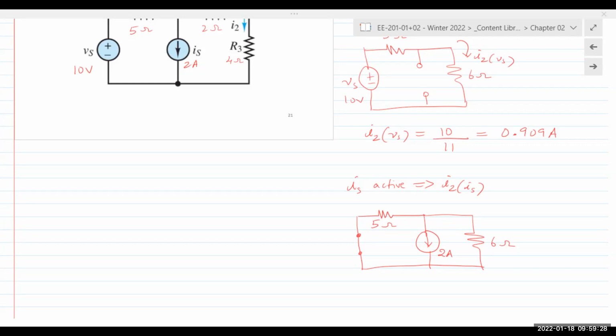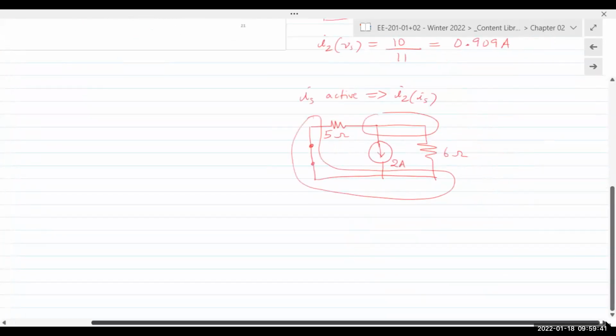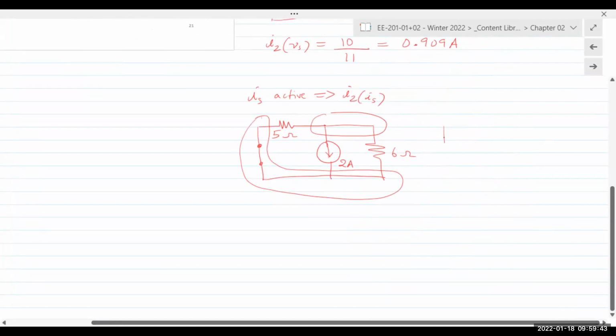And so all 3 of them share this node, and all 3 of them share this bottom node also. And hence all 3 of them are in parallel, and I can redraw the circuit like this. Does that make sense?